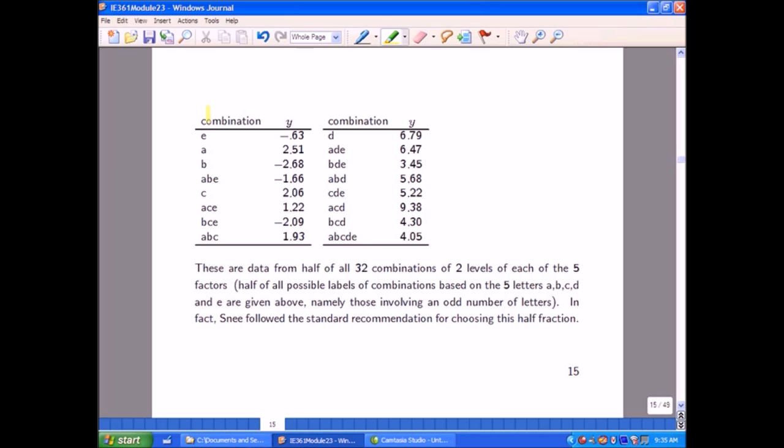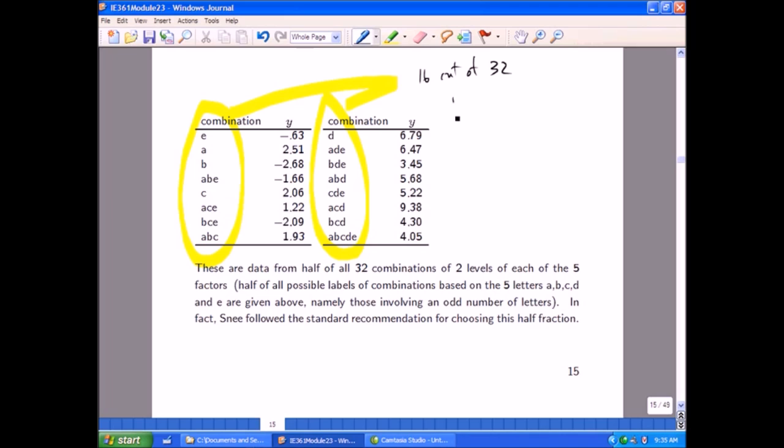If you count them up, there are a total of 16 out of 32 possible combinations in this 2 to the 5 minus 1 fractional factorial.